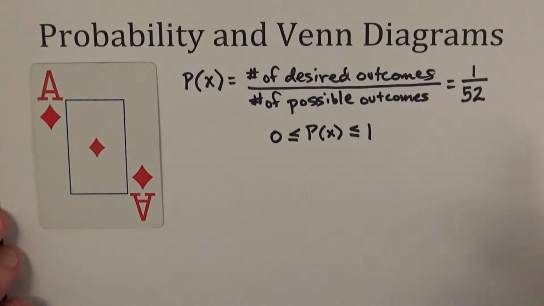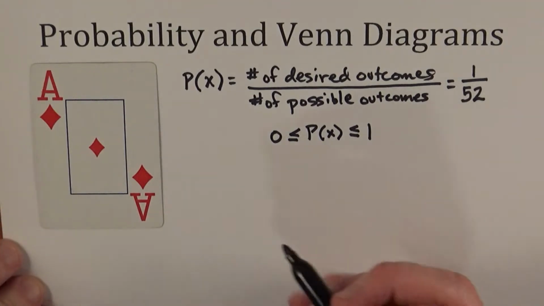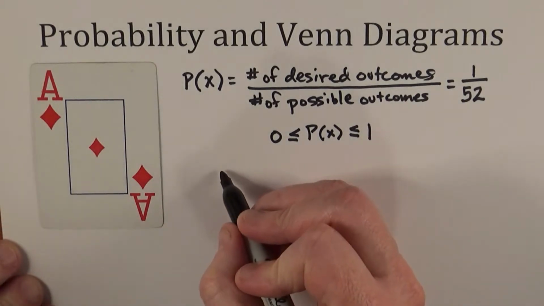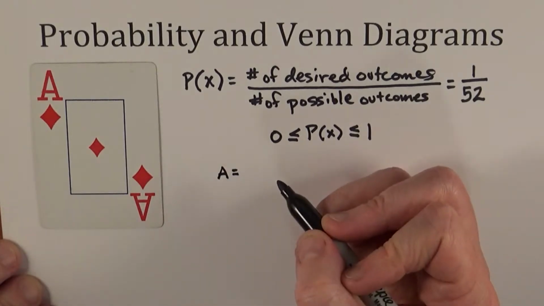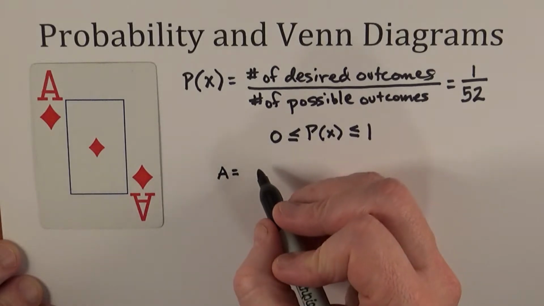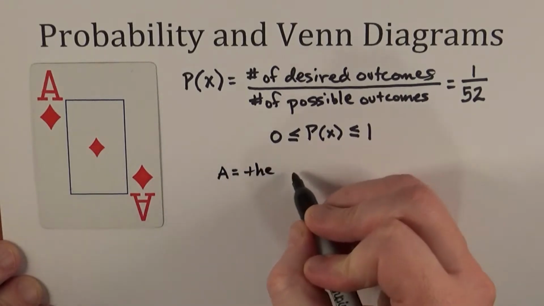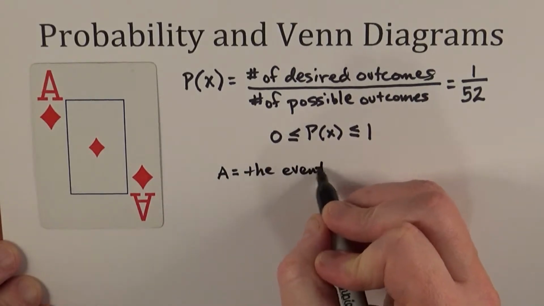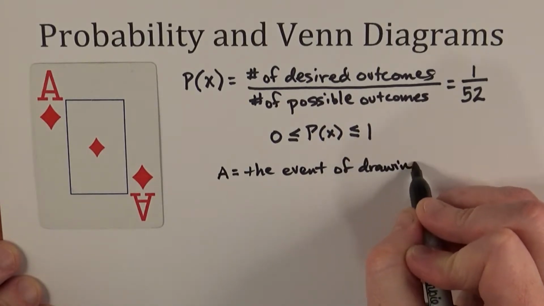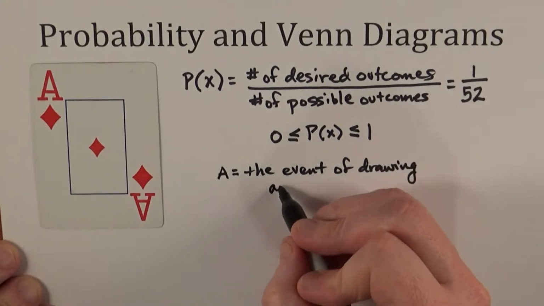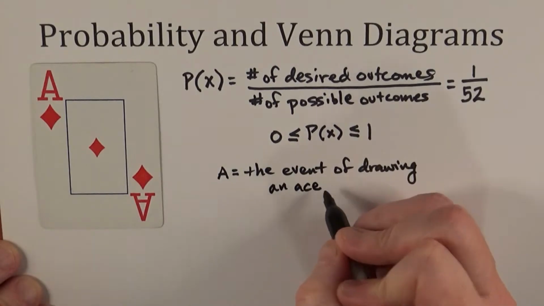Now what we'd like to do is go ahead and take a look at Venn diagrams. So I'm going to add to this just a little bit. I'm going to start with A being the event of drawing, let's say, an ace.